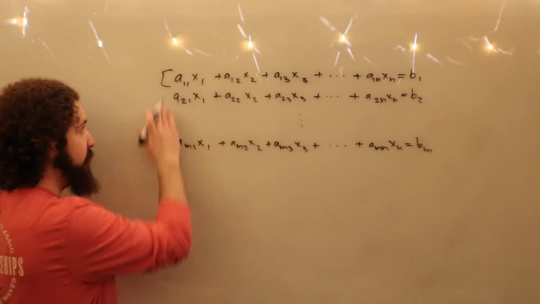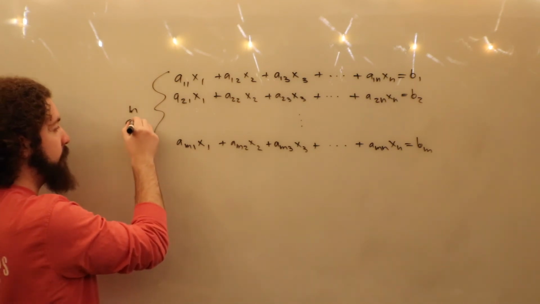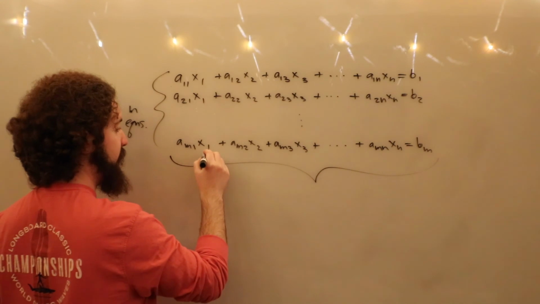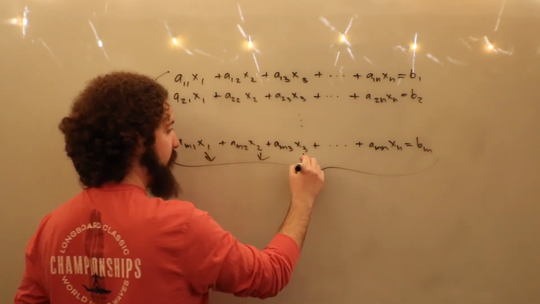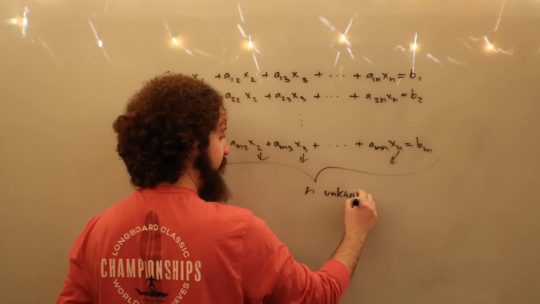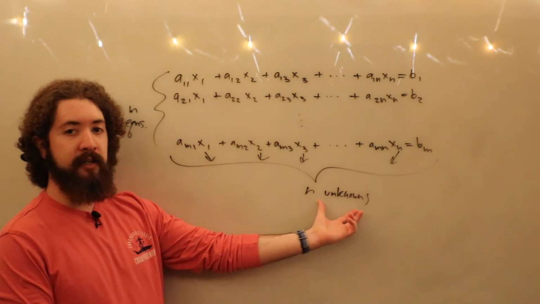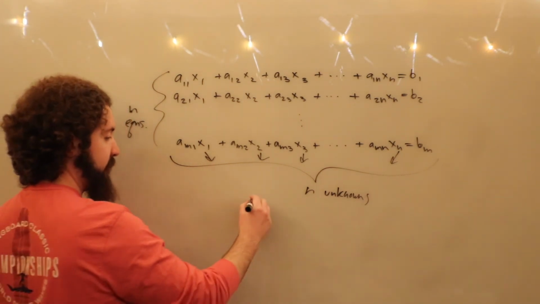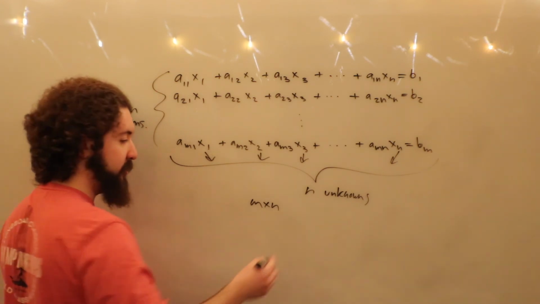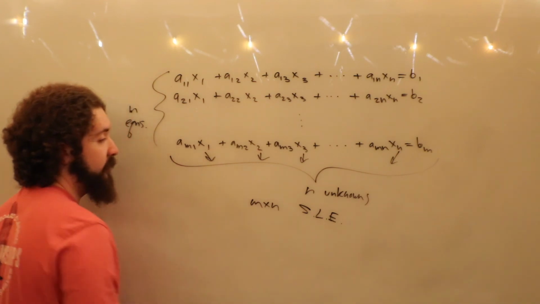And we have, in general, m equations, and you see here, here, here, etc. We have n unknowns. And for this reason, m equations that are satisfied by n unknowns, we in general would call this an m by n system of linear equations. You'll often also see me write SLE for system of linear equations.